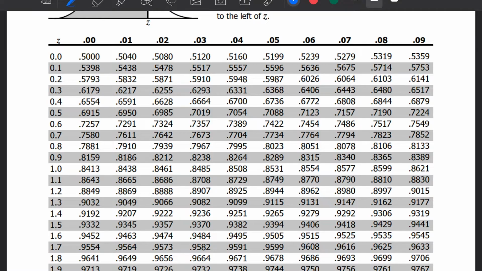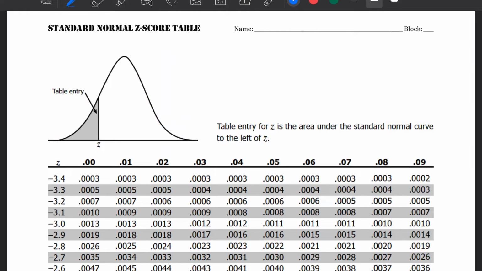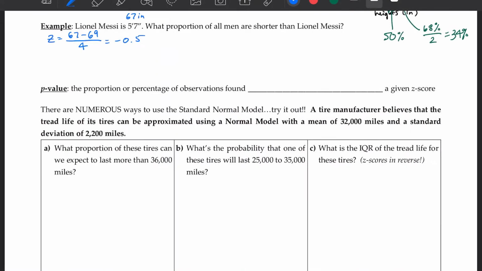What if I'm 1.29 standard deviations? Well, 1.2 is right here, and if I follow it along, this column is the 0.09, so where they intersect, that would be the proportion, the percentage I'd be looking for. Oh, that's awesome. I agree with you, student that is not currently here. So let me show you how we would use this.